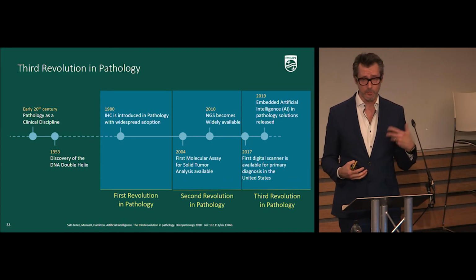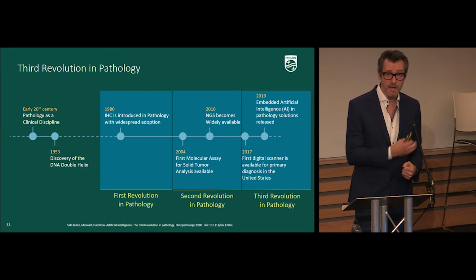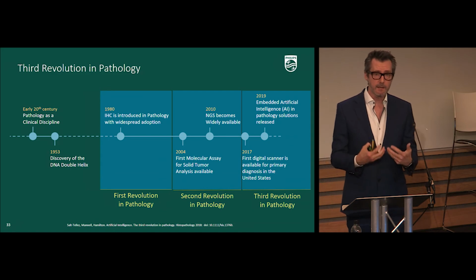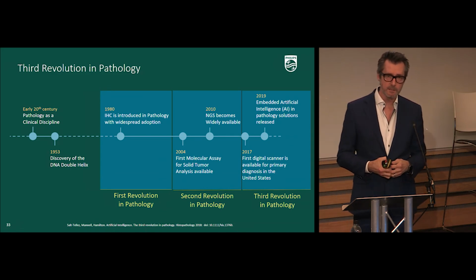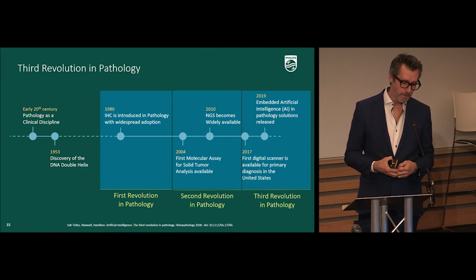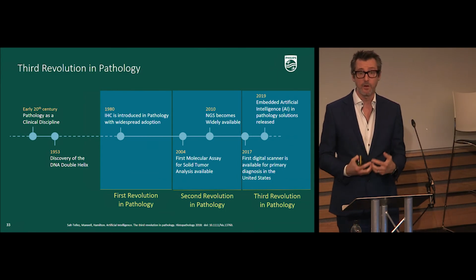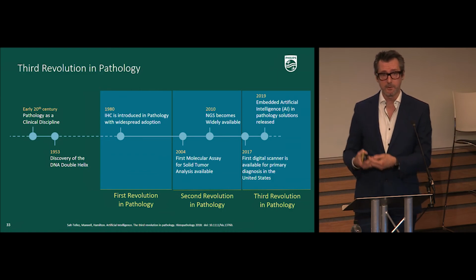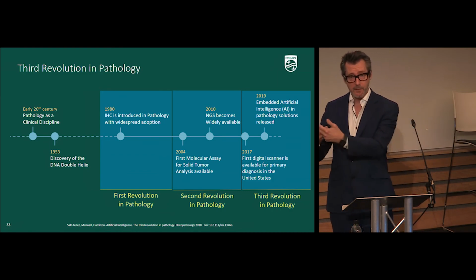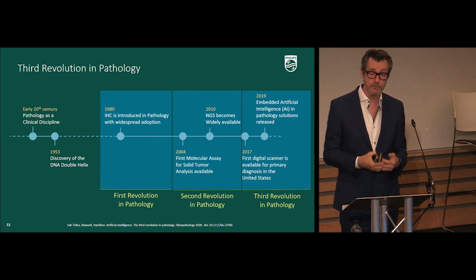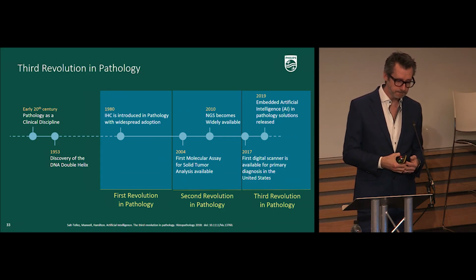Obviously, working for Philips, I'm really proud that in 2017, we led the way in getting the first digital scanner approved in the US for primary diagnosis. And that has really set the scene for allowing us now to develop other technologies, including AI, and to be able to layer that on top and embed that within the workflows that pathologists are now using routinely.